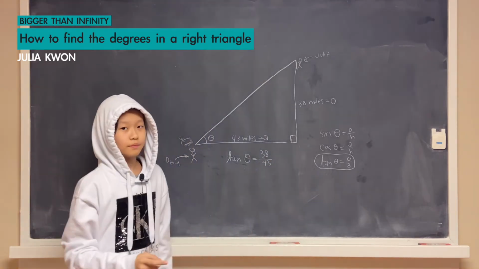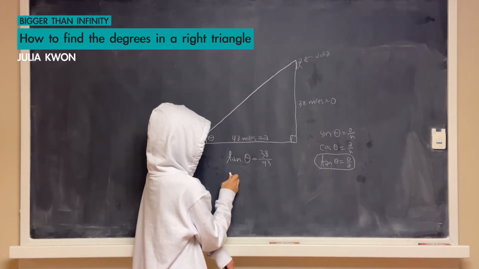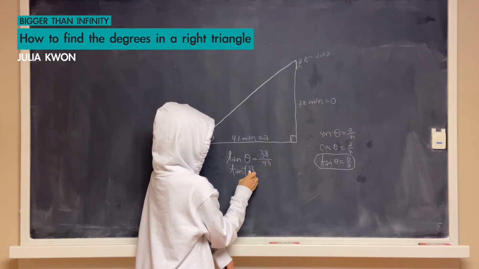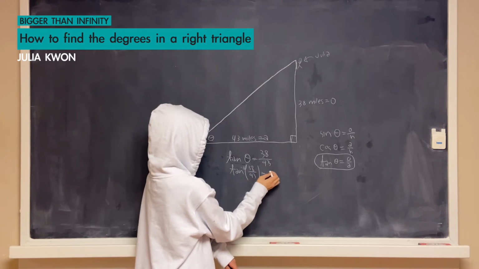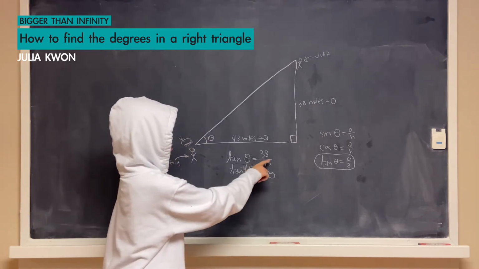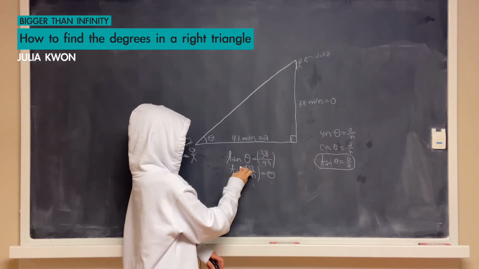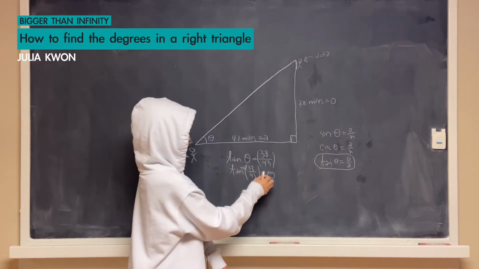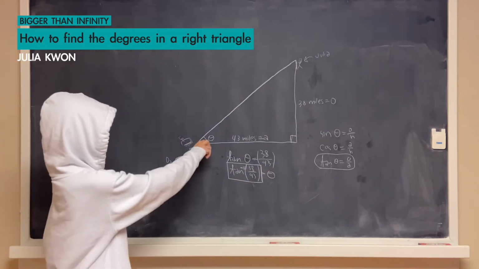And then if we switch these two values here, we would get the inverse of the tangent of 38 over 43 equals theta. And so since we switched these two, the fraction and the theta, we got the inverse tangent of the fraction. So now if you just put this into your calculator, that would get you the degrees.